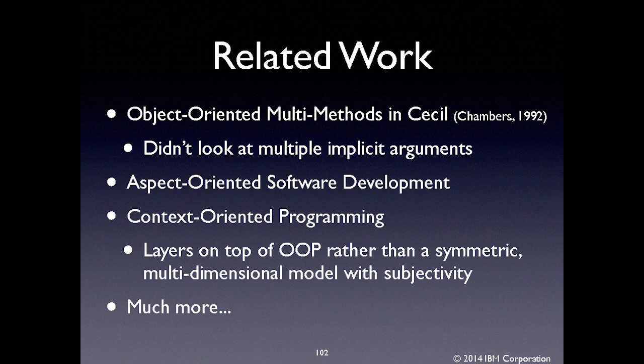There's been some work on context-oriented programming, and as far as we can tell, that work layers things on top of an object model rather than revisiting the basic assumptions. So we think our model is simpler, cleaner, maybe more powerful.